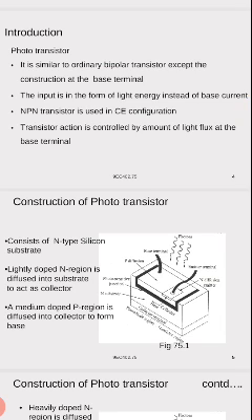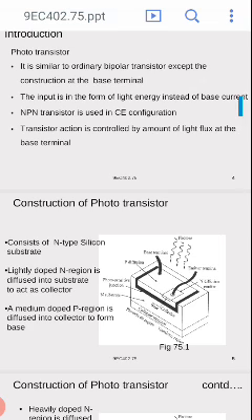Construction of phototransistor. It consists of an N-type silicon substrate. A lightly doped N region is diffused into the substrate to act as collector.